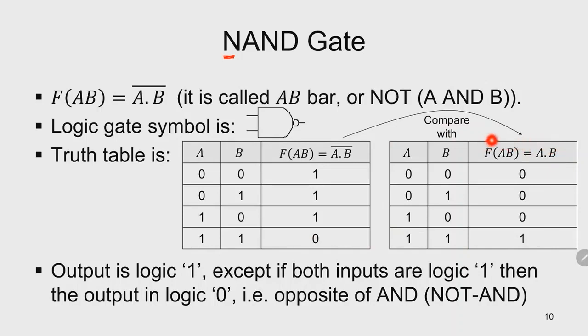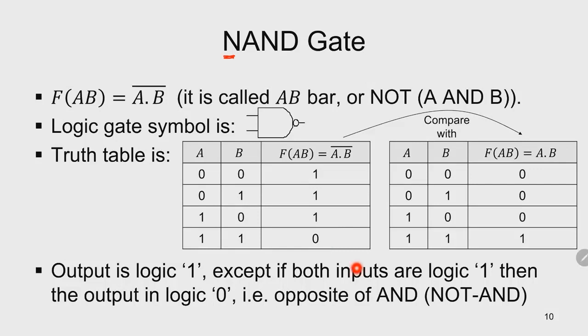The negate of AND, or not AND, is the complement of this logic. So if I have a 0, it will be a 1, 0 will be a 1, and if it's a 1, it will be 0. Okay, so that is our NAND gate.